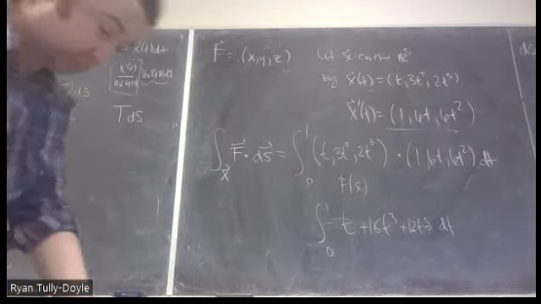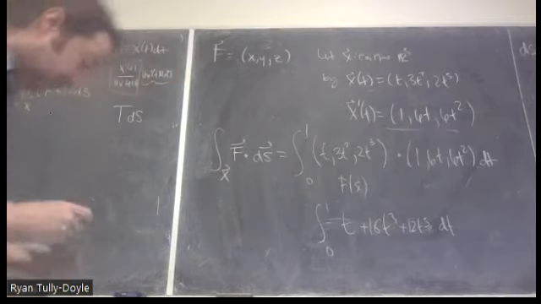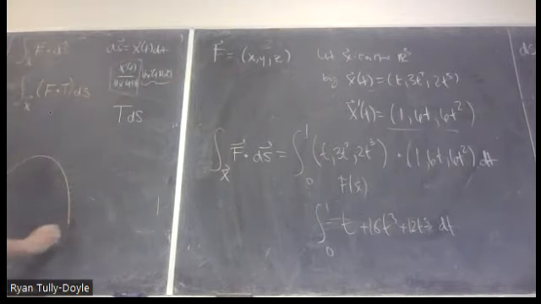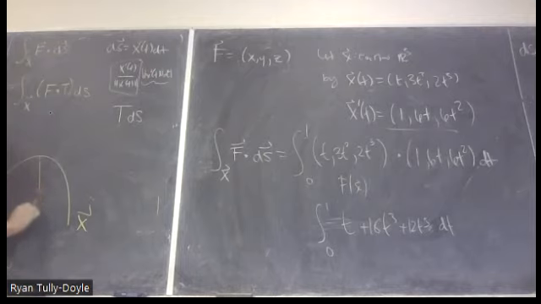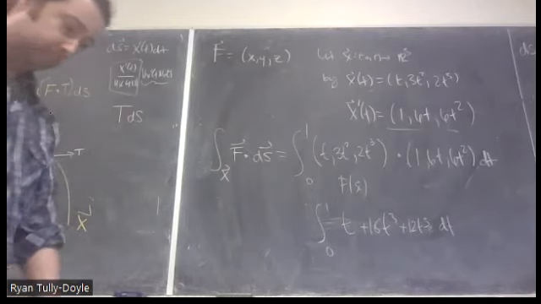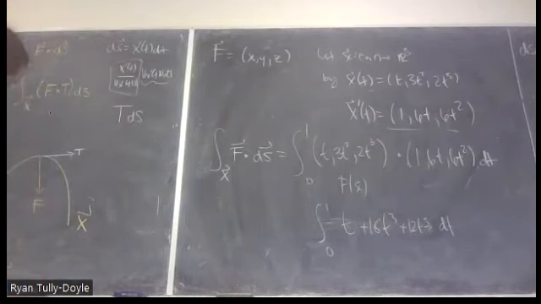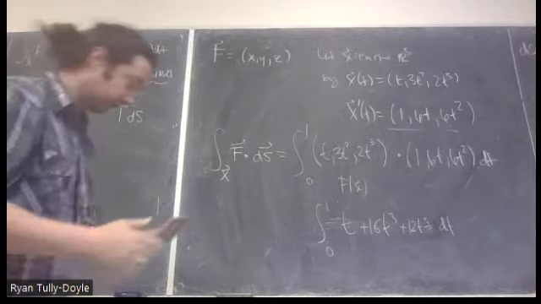And that gets us this picture. So here's x, here's f, and I think of T as poking out this way. And then f dot T, because this is a tangent vector, and because this is a unit vector, you can actually think of it as the projection.